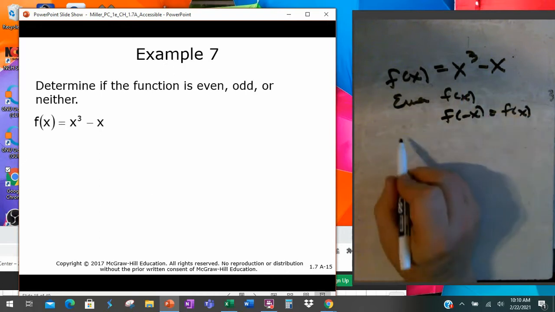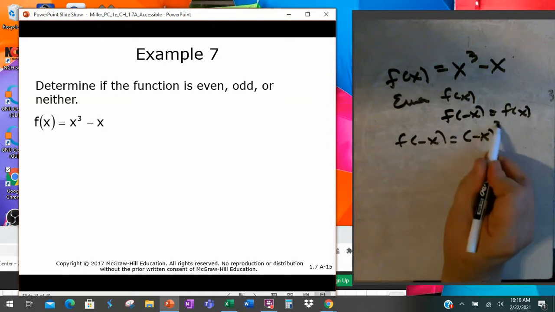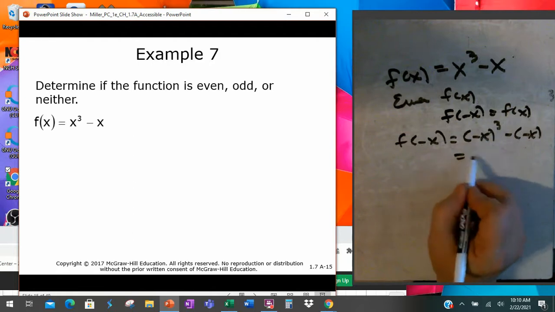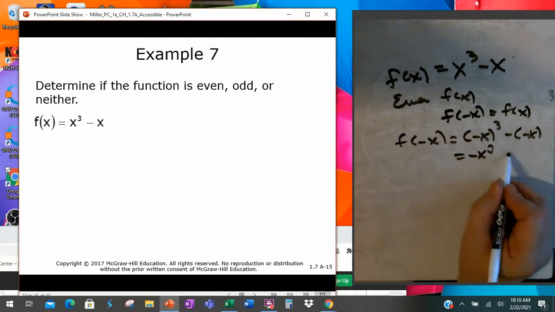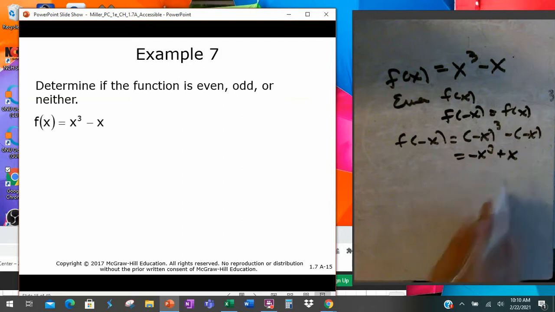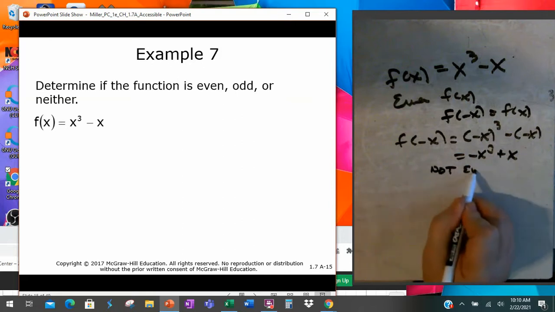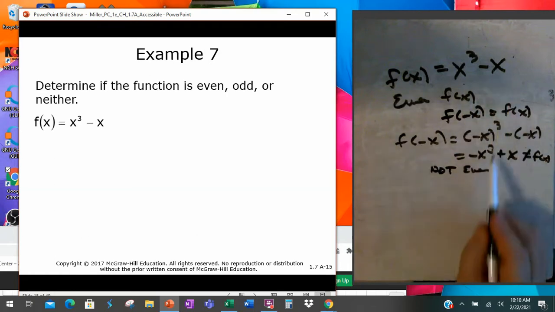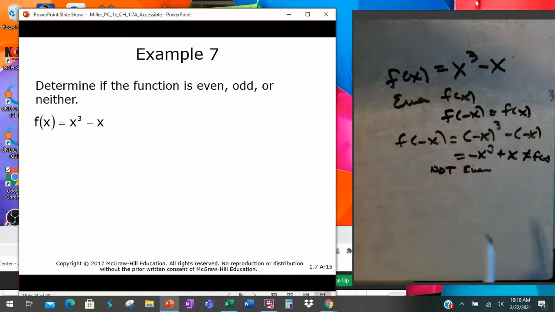If I put f of negative x in here, cubed, I get negative x cubed because this is negative 1 cubed times x cubed, and then this is plus x. So not even, right? It's not even because this does not equal f of x. Negative x cubed plus x is not the same thing as x cubed minus x.